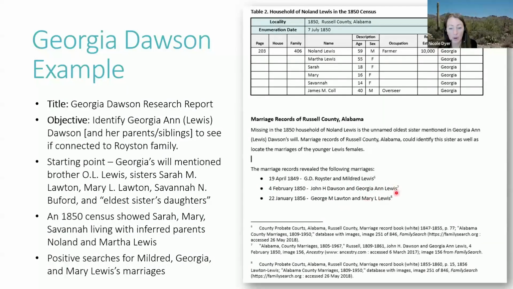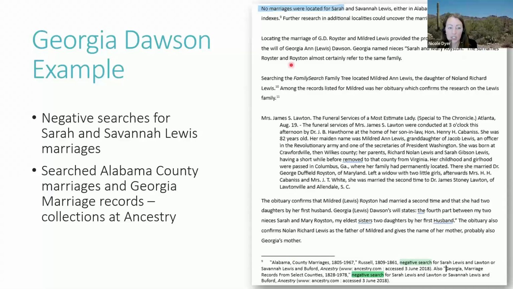So some of these are positive results. So she found Mary, and she didn't find Sarah or Savannah, but she did find Georgia. So she found about half of these children's marriages. And the footnote goes down to Russell County, Alabama marriages. Then on the next page, she talks about the negative searches.